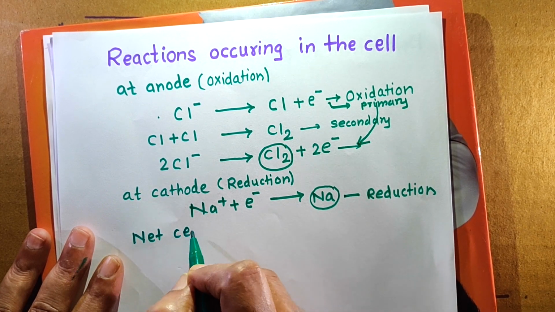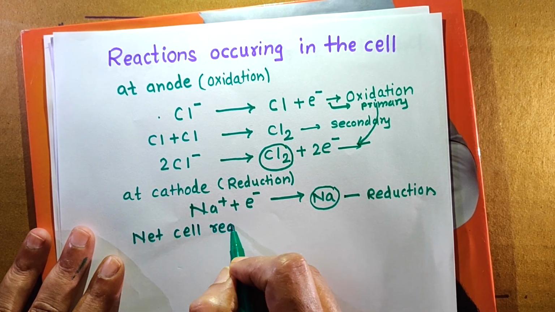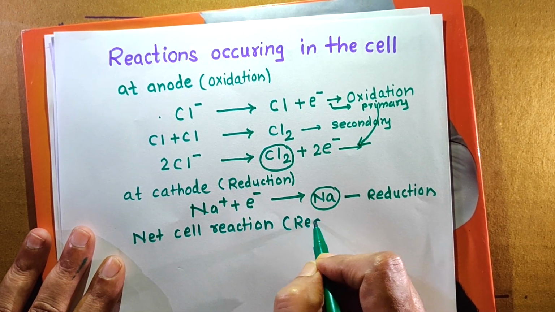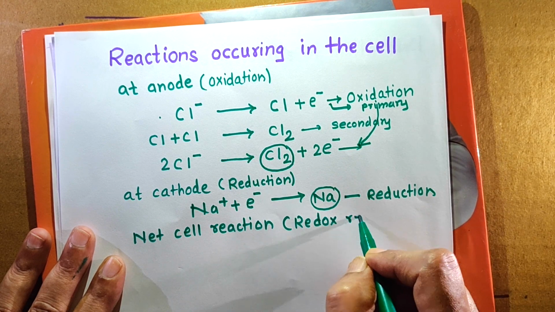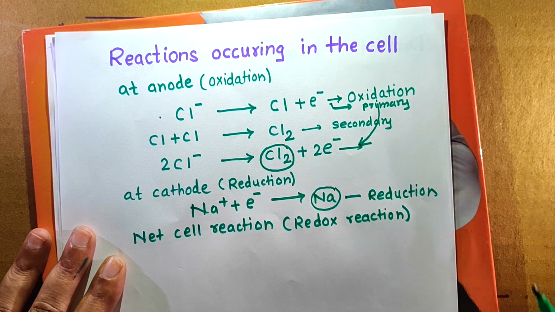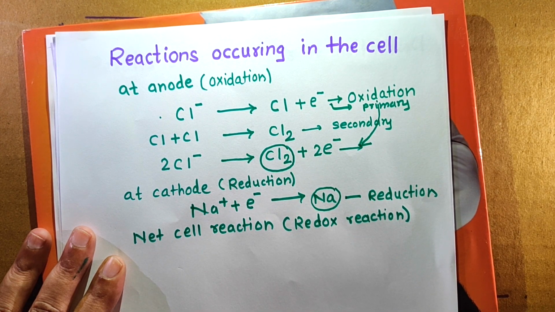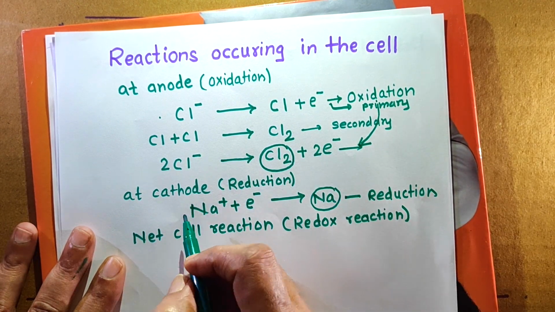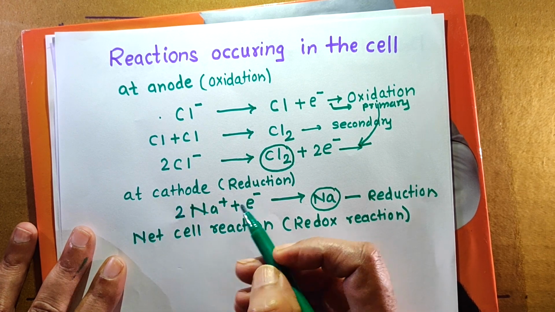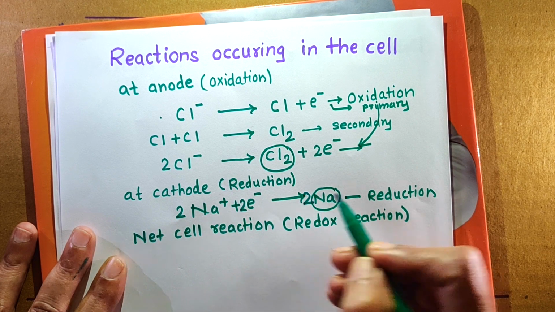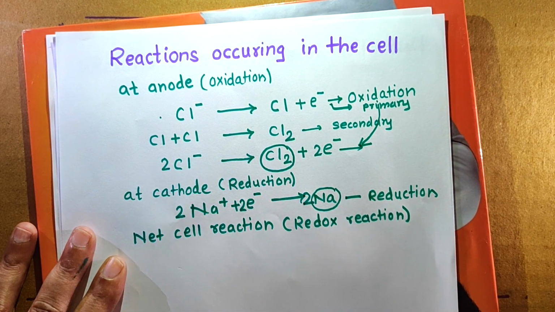In 11th standard we studied that in a redox reaction we have to balance the number of electrons. Therefore, here 2 electrons are lost, so we have to show 2 electrons gained, and the reaction is balanced by summation of these two reactions.